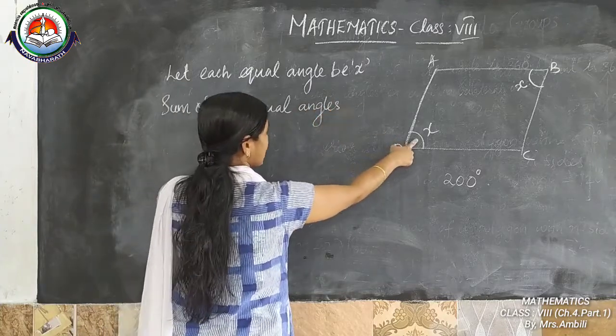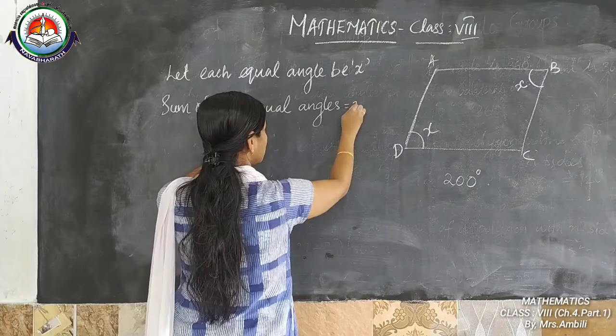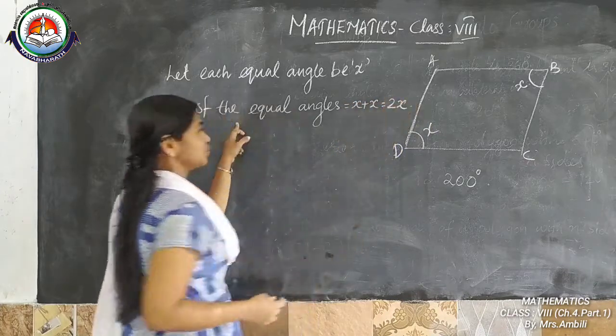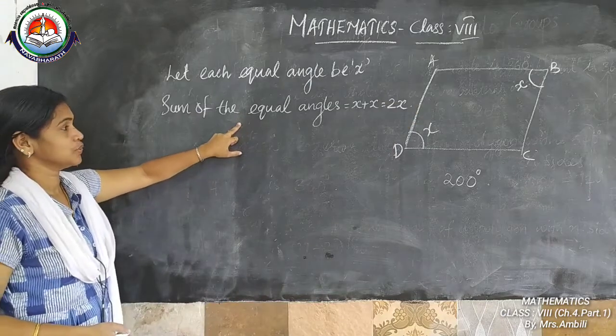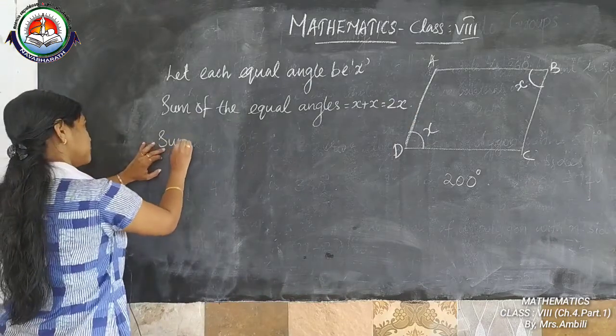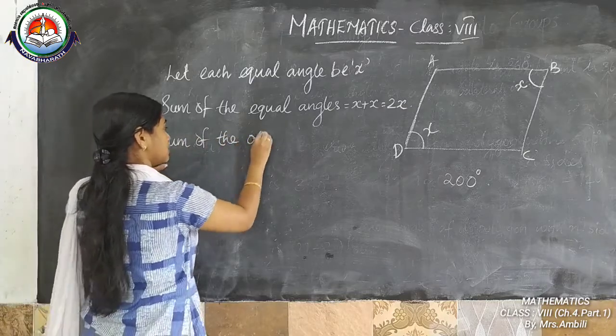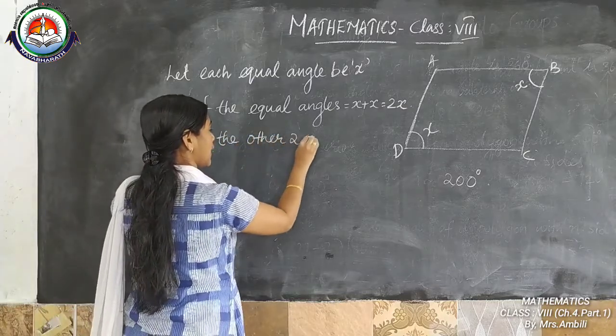If one angle is x, the sum of the equal angles is x plus x, that is equal to 2x. We got the sum 2x. Now the sum of the other two angles.